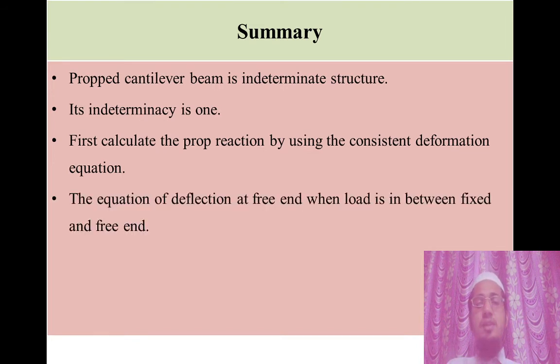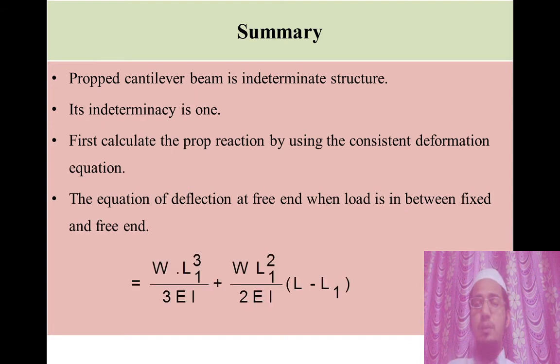The equation of deflection at free end when load is in between fixed and free end, we know that equation as W L1 cube divided by 3EI plus W L1 square by 2EI into L minus L1, or someone can say L1 as a and this L minus L1 as b.